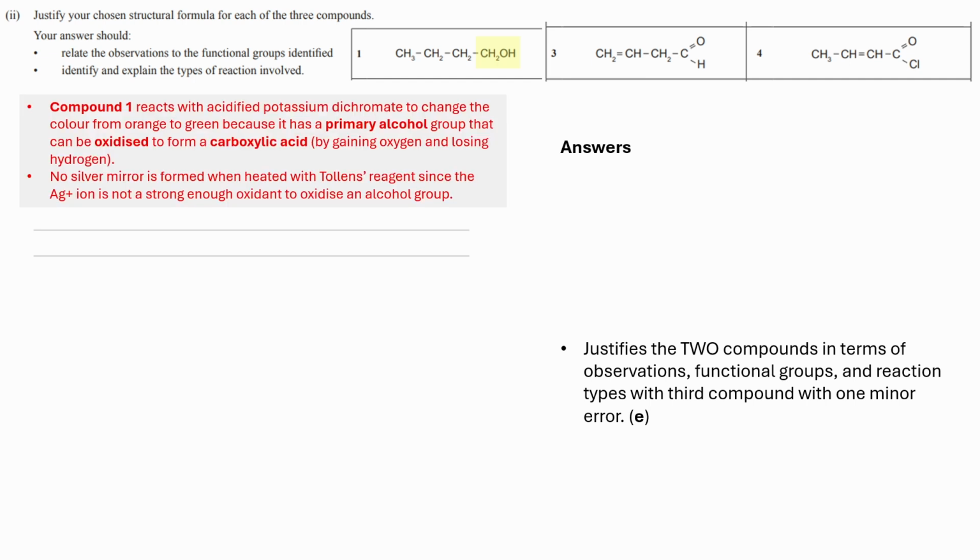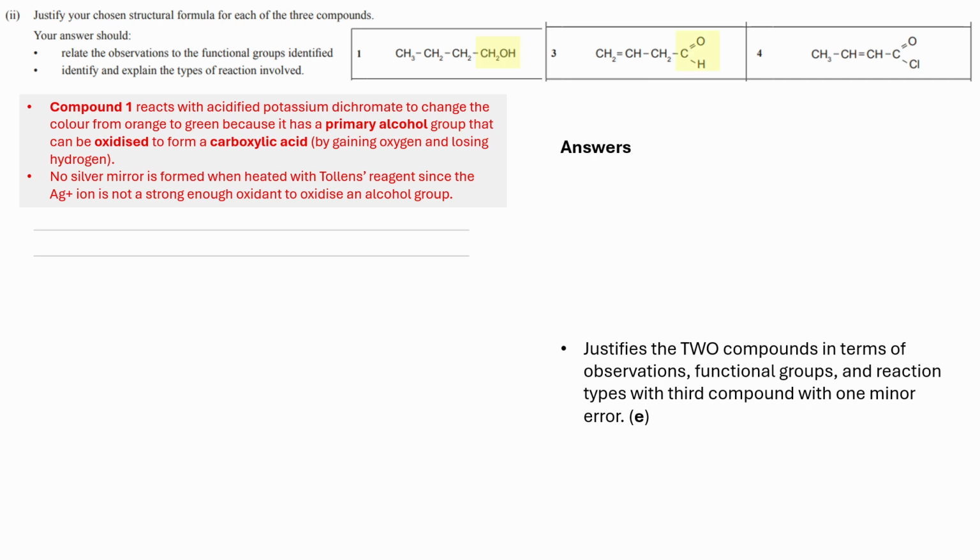So in compound 1, acidified dichromate changed color from orange to green because that primary alcohol was oxidized to the carboxylic acid. We can talk about the second part as well. Also, this would not be oxidized by a Tollens reagent, as Tollens reagent is not strong enough to oxidize an alcohol group. So that's the second thing we would use to justify that.